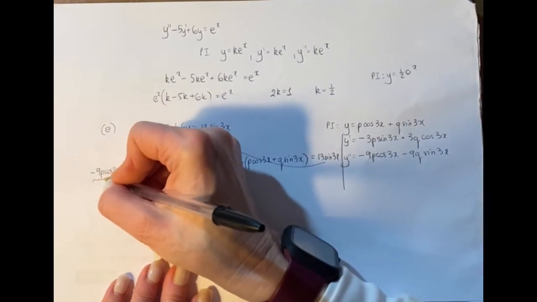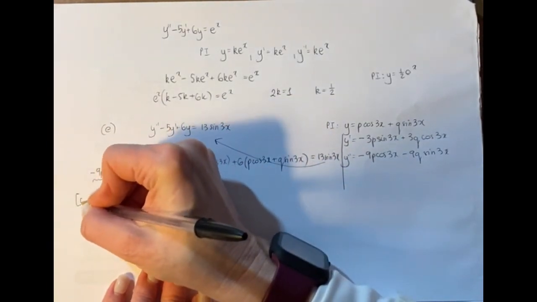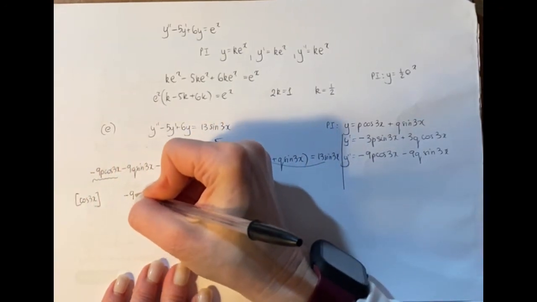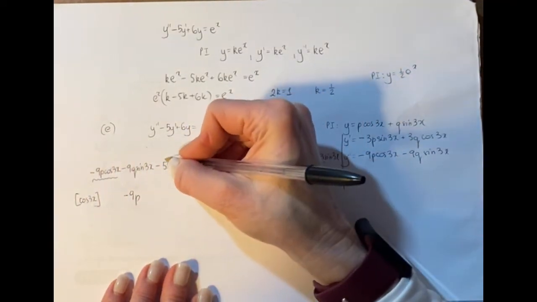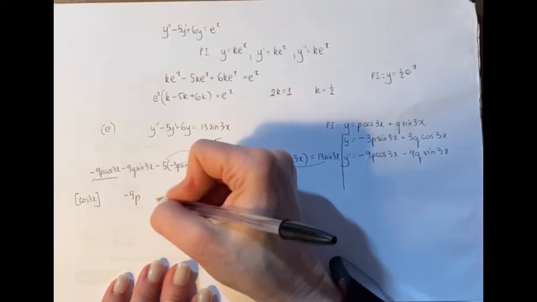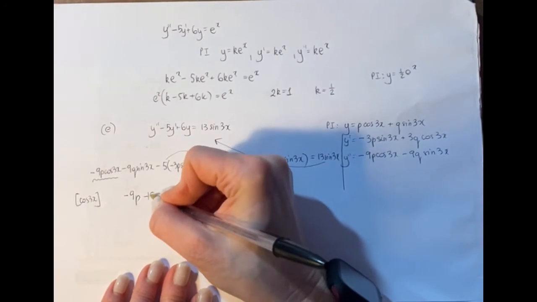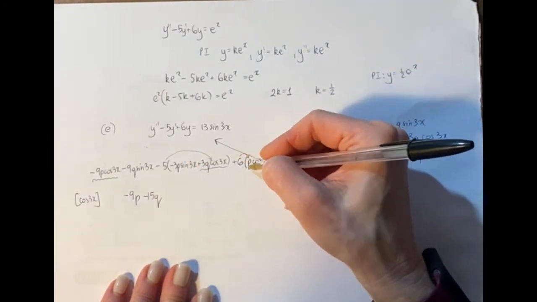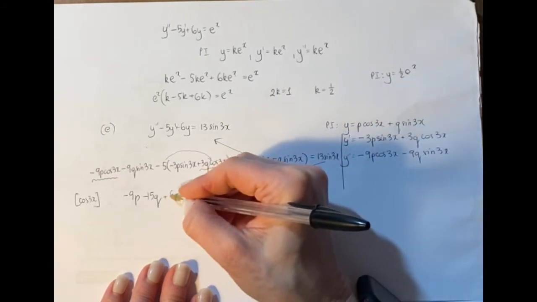So let's look at cos x's. So it's minus 9p, then we have minus 5 times 3q, so minus 15q, and then 6 times p, plus 6p.